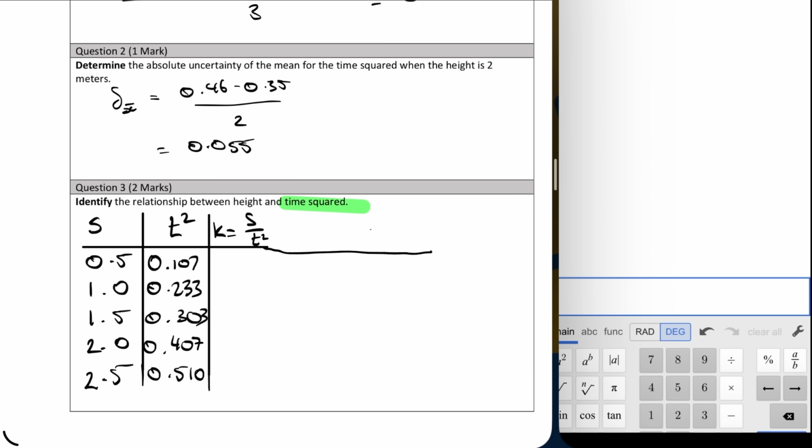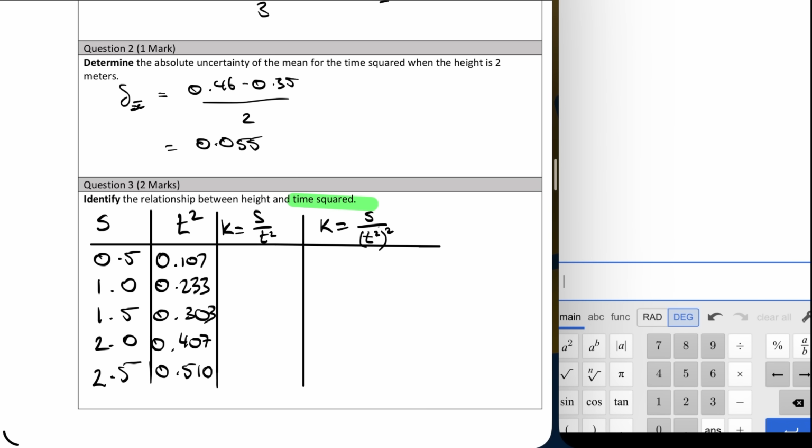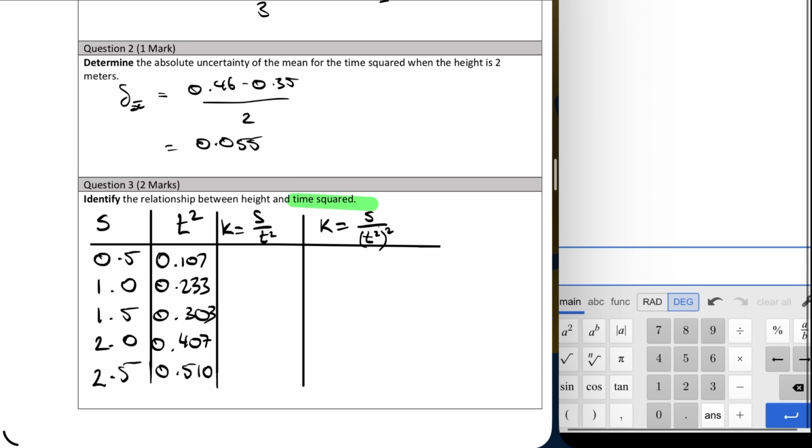Because in physics we would usually check our dependent variable squared as well, this is where I mentioned it's kind of nonsense, because we would never have to check for t to the power of 4. But it's useful, because if this was just time, we would identify here that our relationship is proportional between s and t squared.